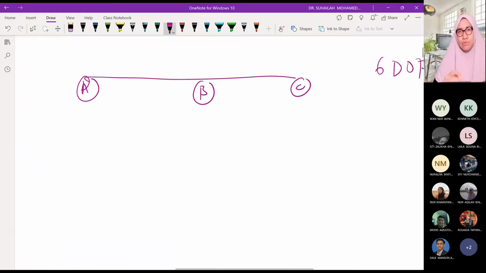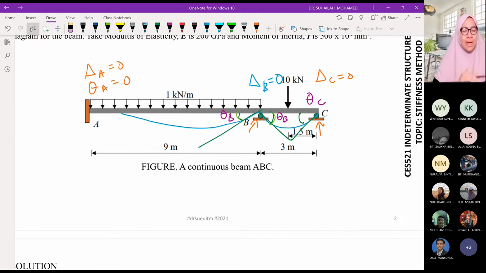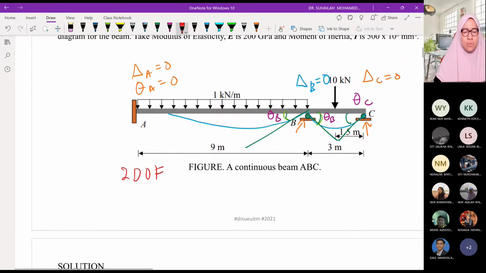From the diagram, we know that at A we have 2 DOF for constraint, and the other supports are 2 DOF for constraint each.